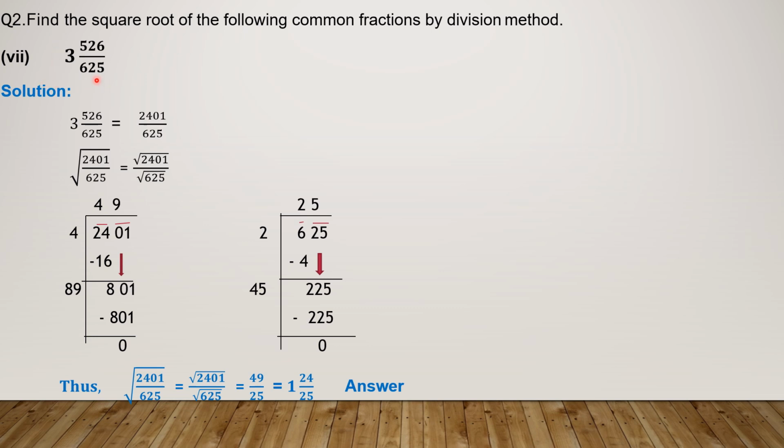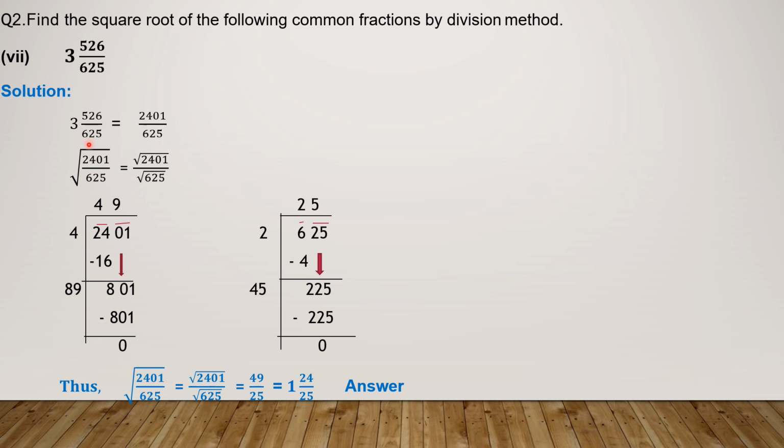Now this fraction is given in the form of a compound fraction. So first of all we will convert the compound fraction into a simple fraction and then we will take the square root of this fraction. Let's start our solution. First of all we will rewrite our question, then simply convert this compound fraction into a simple fraction.